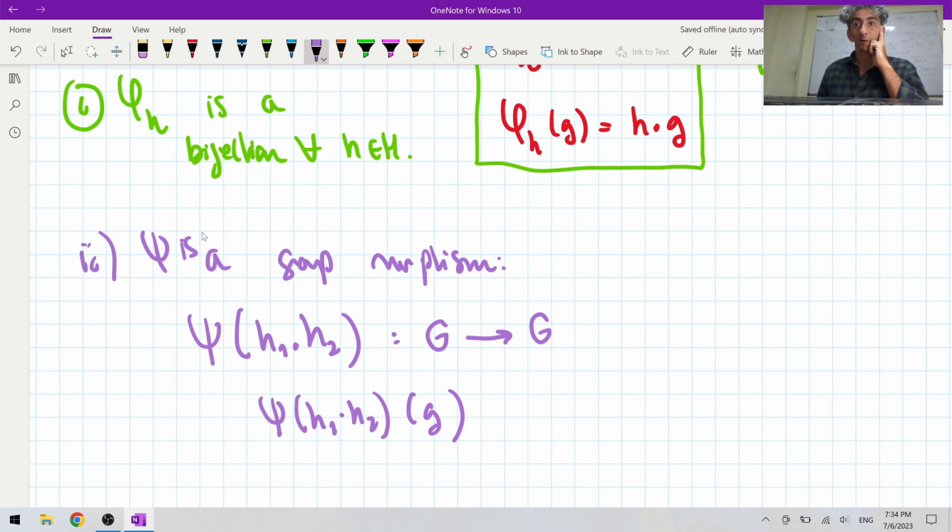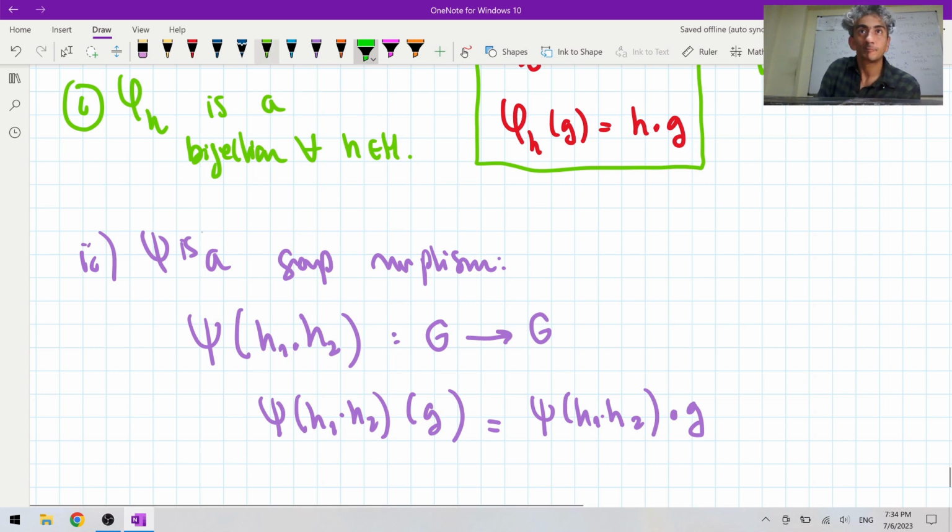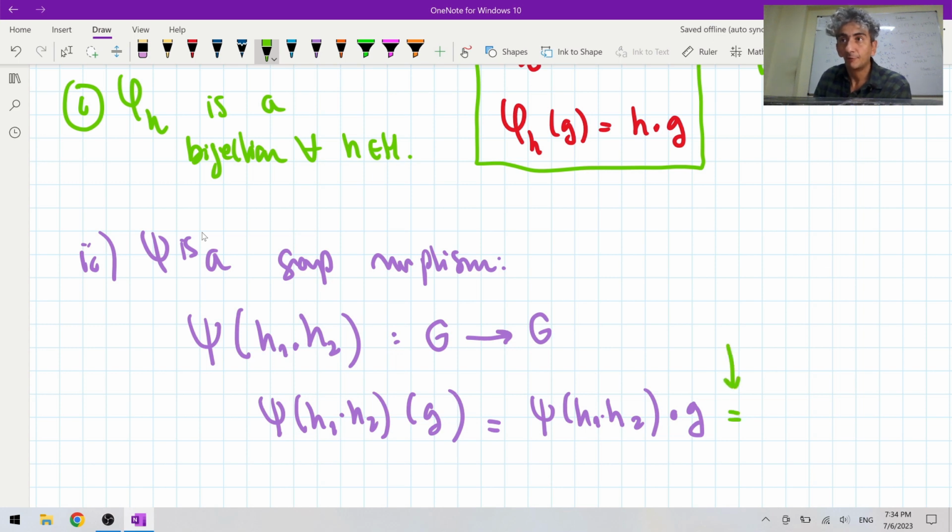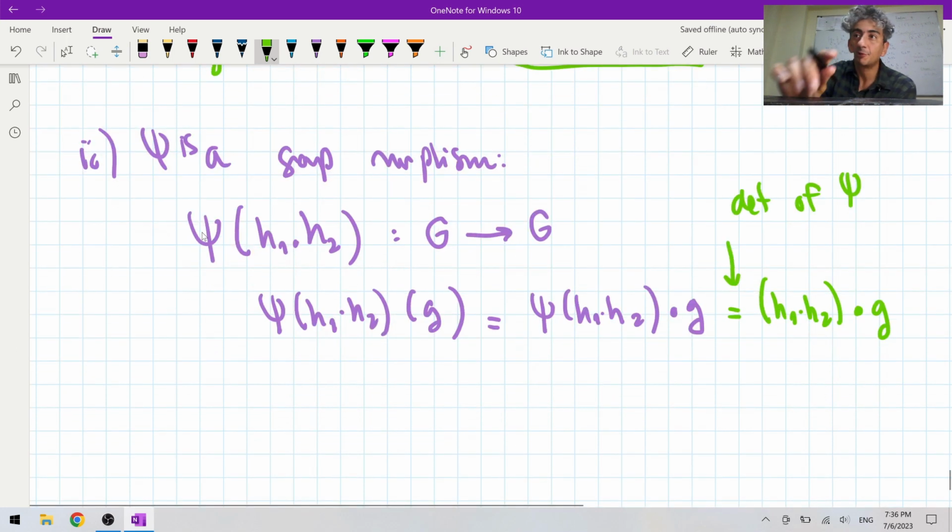And what it does is multiply g using this element. Okay, so now what we have here is that this multiplication is simply taking, by the definition of psi, the element h1 times h2 and using it to multiply g to the left.